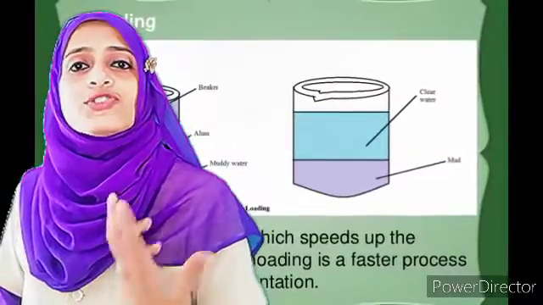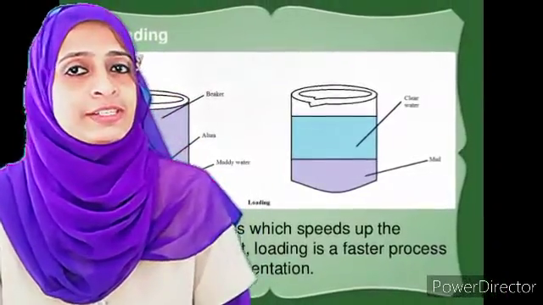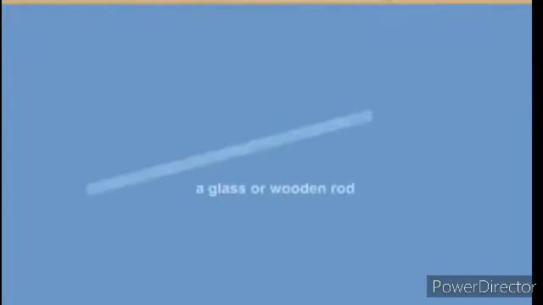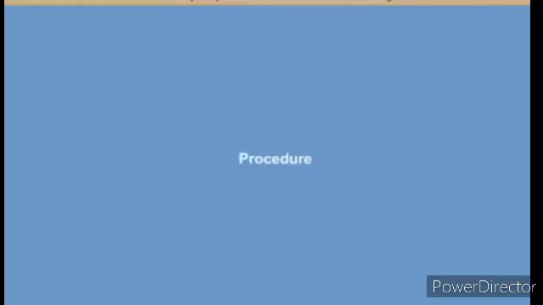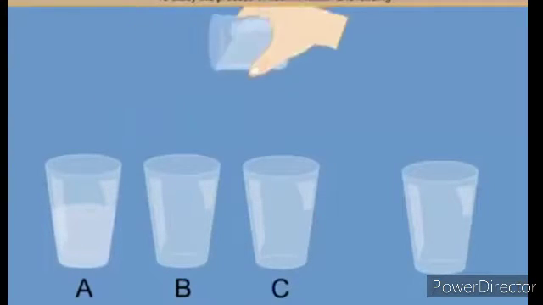And this process is termed as loading. Let's do an activity. For this activity, we take 4 glass tumblers, water, sand, clay, a glass or wooden rod, and some amount of alum.